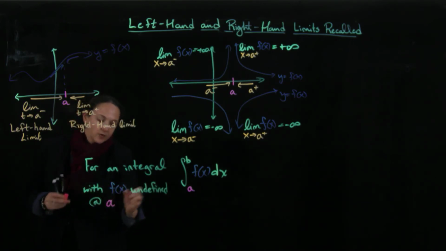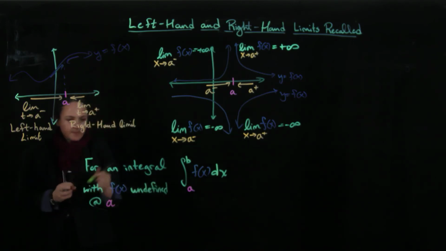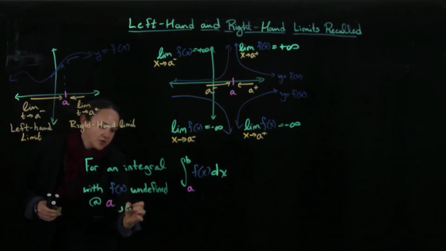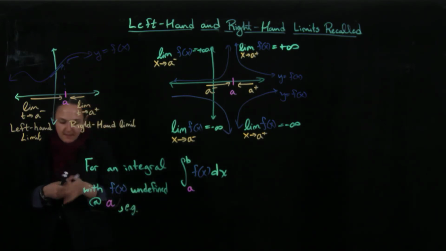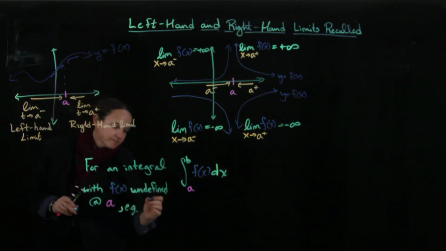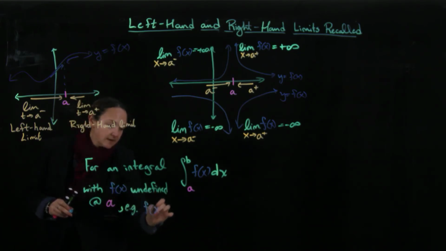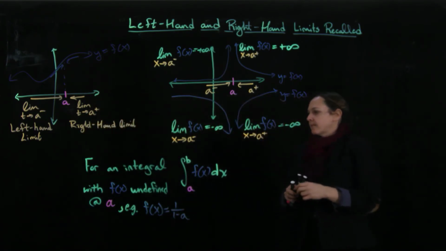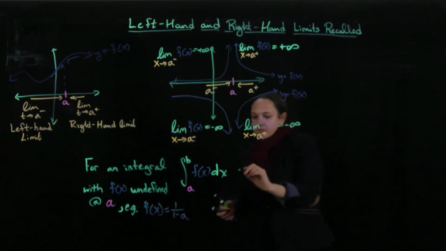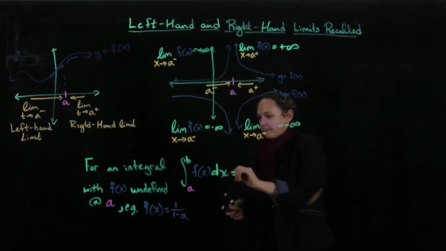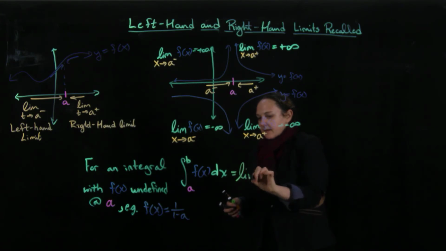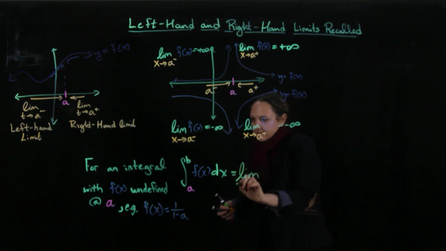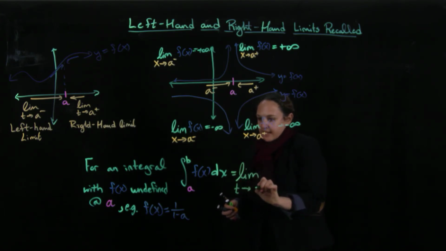A good example would be the function f of x equals 1 over 1 minus a, for example. The way that we do this is going to equal the limit as t approaches a.